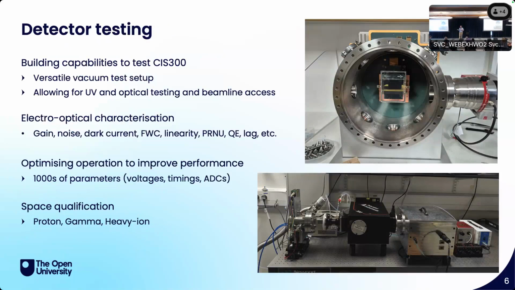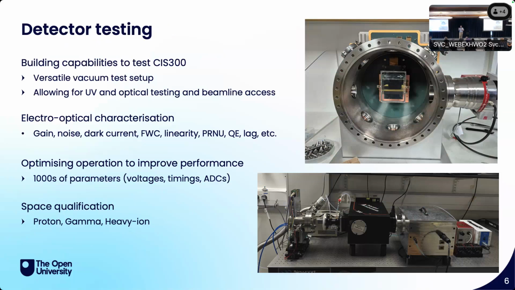You can see the device mounted in the middle there, which will allow us to take the device to beamlines for UV testing, and do radiation damage testing of the devices as well. We've started doing electro-optical characterization on a lot of different parameters to see how well this device operates, and trying to understand it in as much detail as possible.